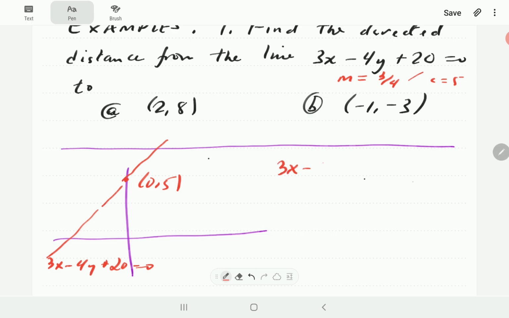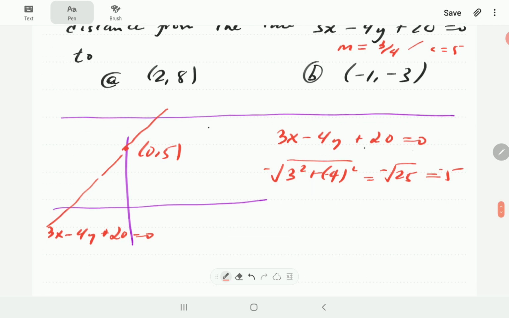So 3x minus 4y plus 20 equal to 0. A is 3, B is negative 4. So this is going to be the square root of 25, which is 5. C is positive, so that means we're going to take this to be negative.